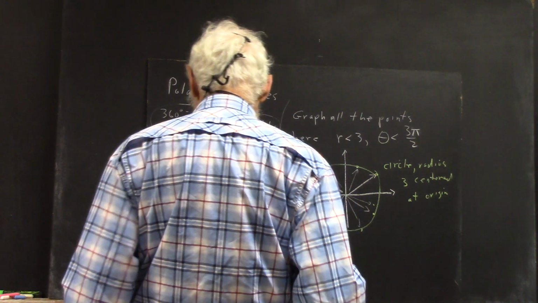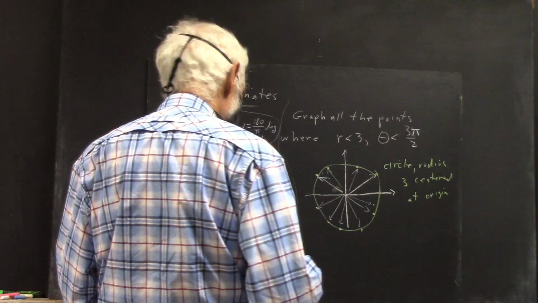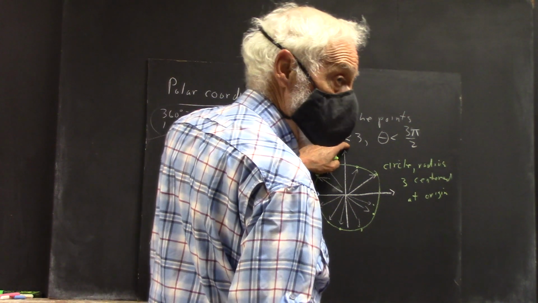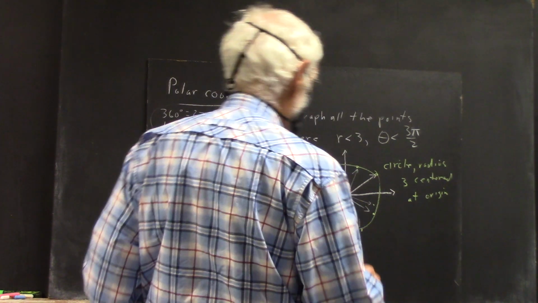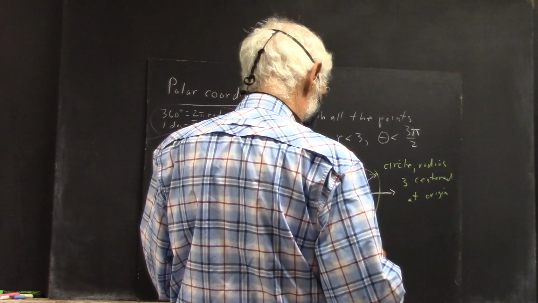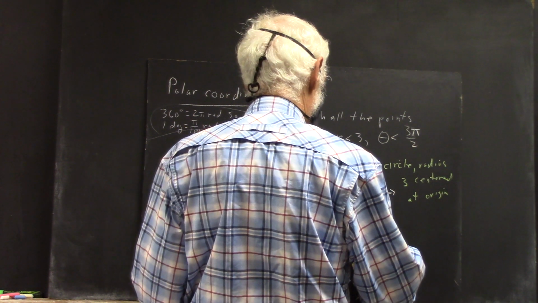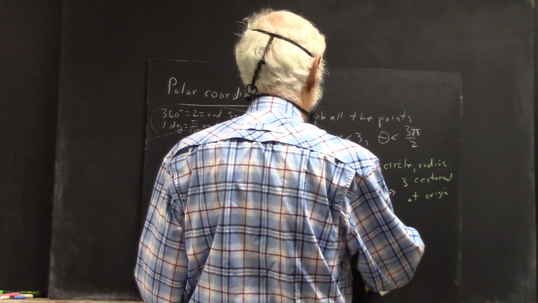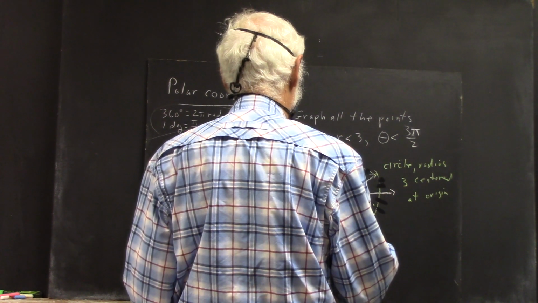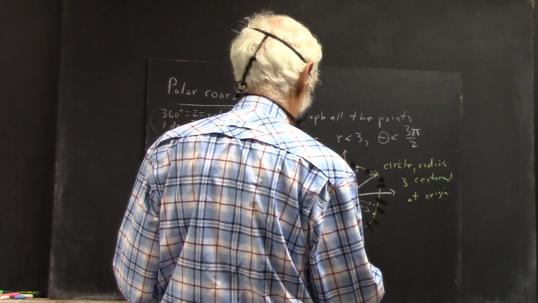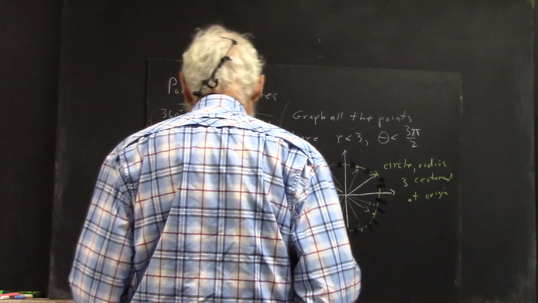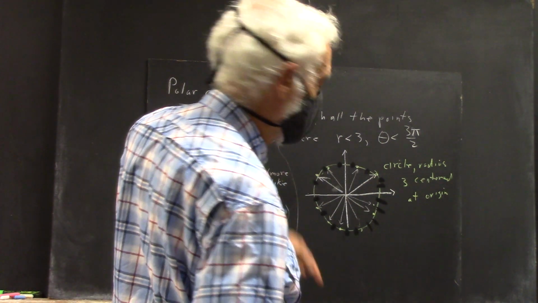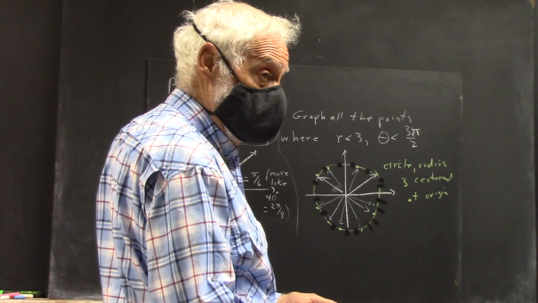Now, actually, I said r less than 3, right? So it's not going to include the circle, so I better get sloppy here, but make a dotted line out of this. It's going to kind of smudge, but now this is a dotted line, if you believe that.